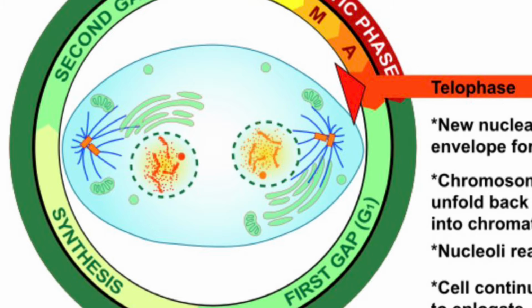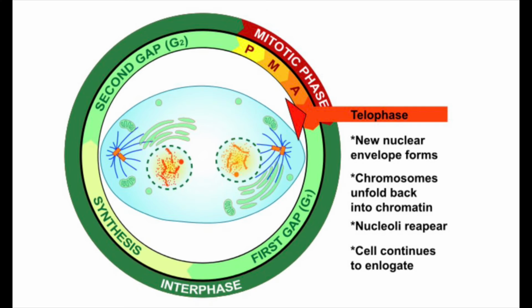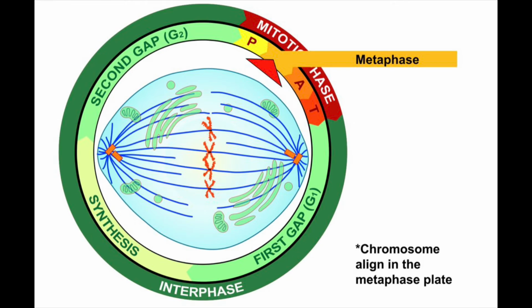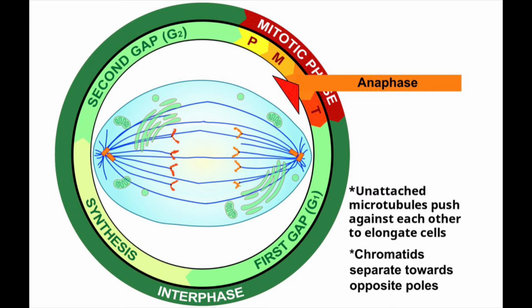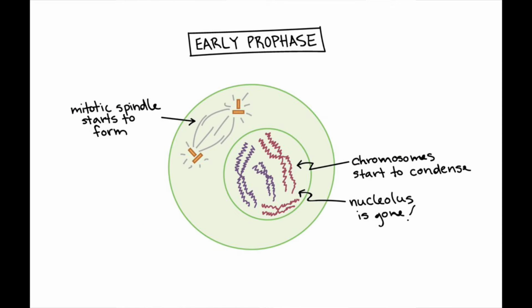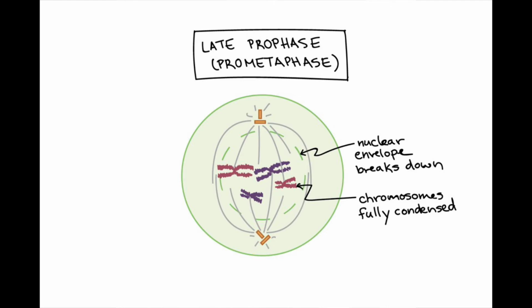That nuclear envelope reassembles during telophase. As a result, diagrams of metaphase and anaphase don't show the nuclear envelope. Okay? Let me show you the difference between the early prophase and the late prophase.